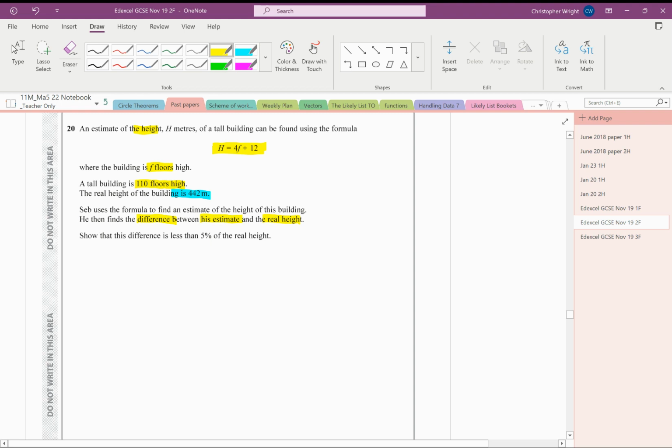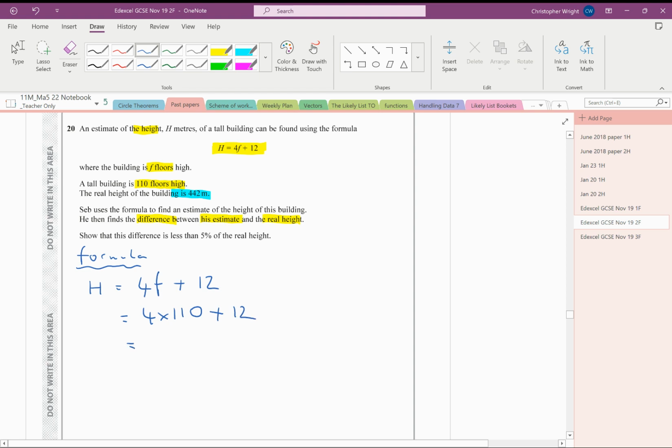Well, let's be Seb, and let's use the formula to find an estimate. The height can be estimated by doing 4 times the number of floors plus 12. So that's 4 times 110 plus 12.